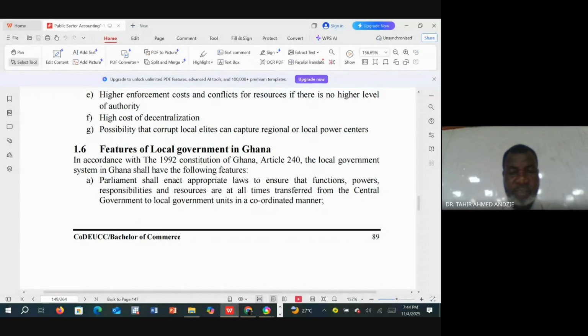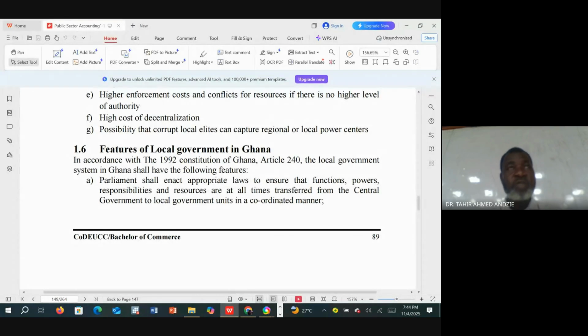Parliament shall enact appropriate laws to ensure that functions, powers, responsibility, and resources are at all times transferred from the central government to local government units in a coordinated manner.